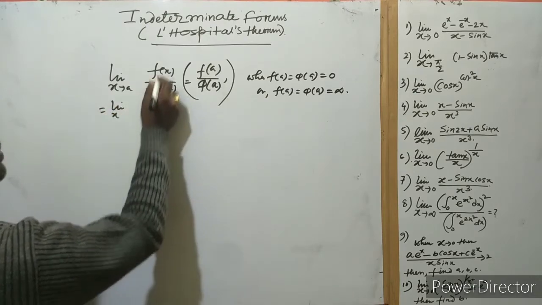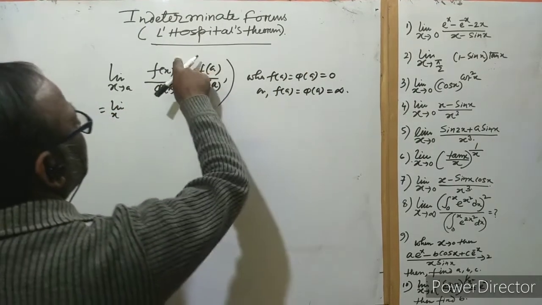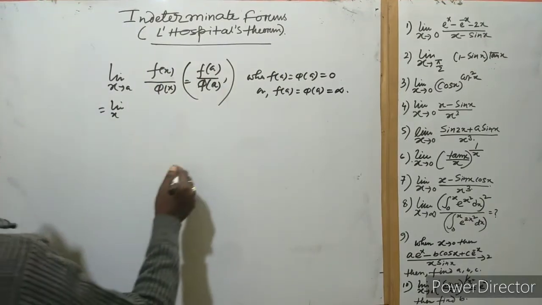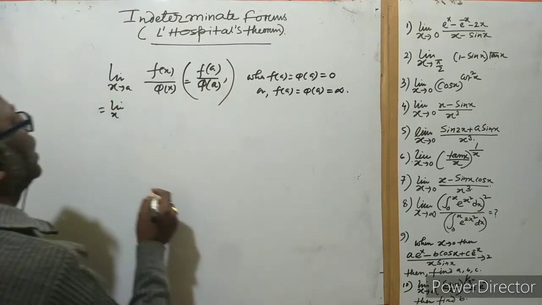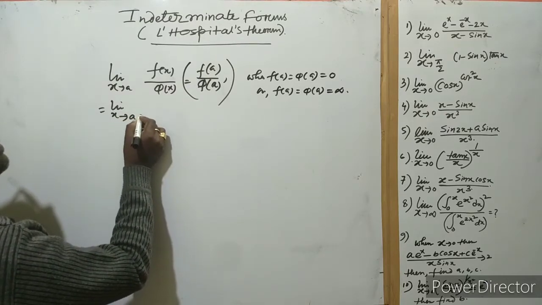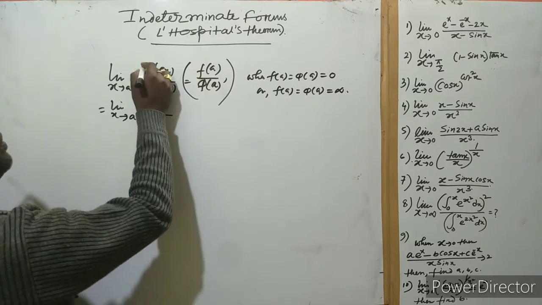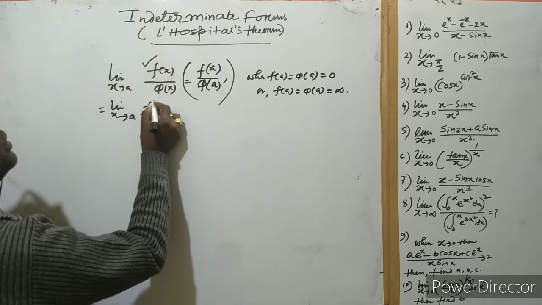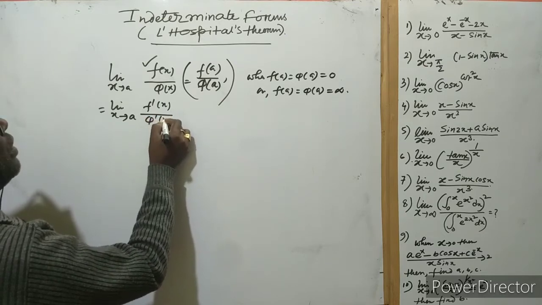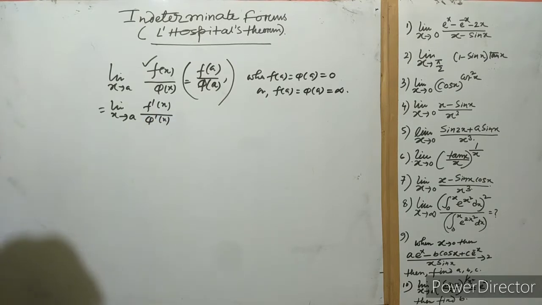When we get 0 by 0 or infinity by infinity, we say that this form is called the indeterminate form. So the rule we apply is to differentiate the numerator part and also differentiate the denominator part.